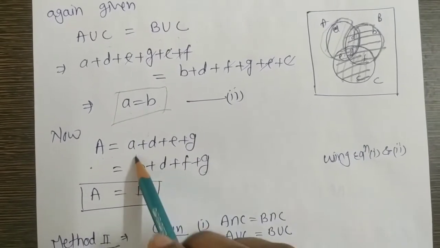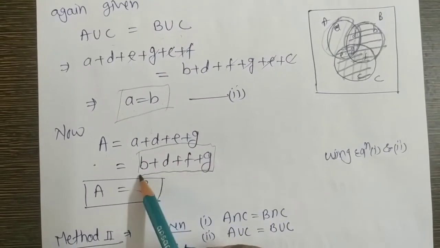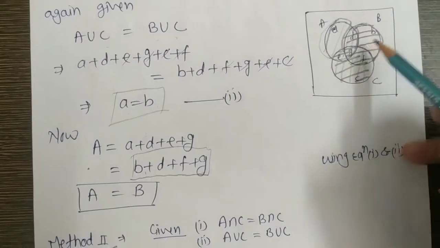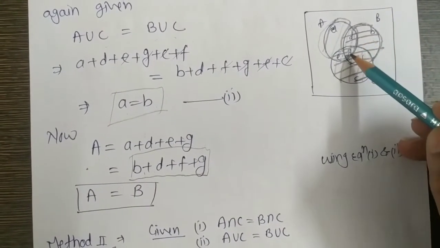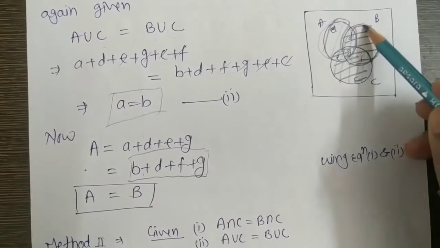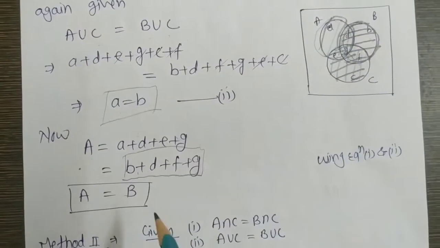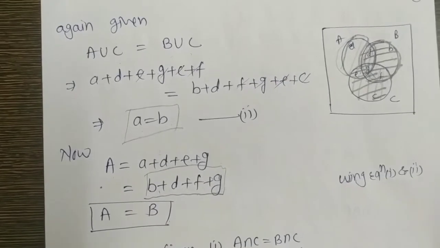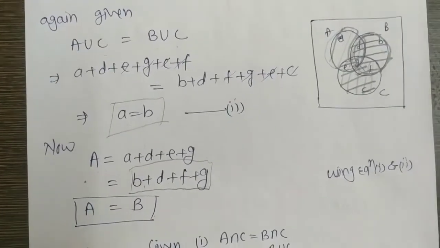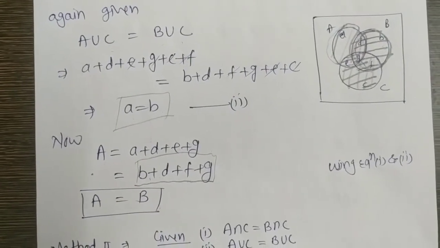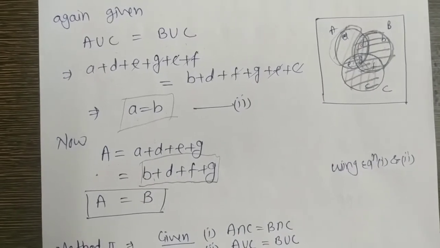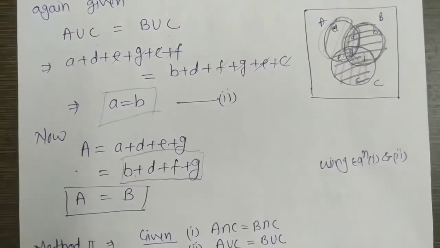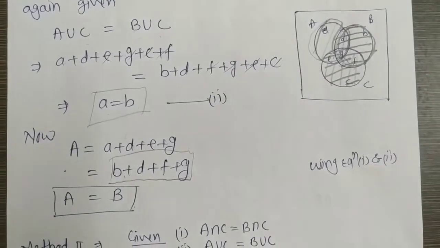Now check, what is this part? B plus D plus G plus F. It means we got completely B. Hence proved. This problem is solved with a Venn diagram, and it is very easy to simplify the theoretical problem.